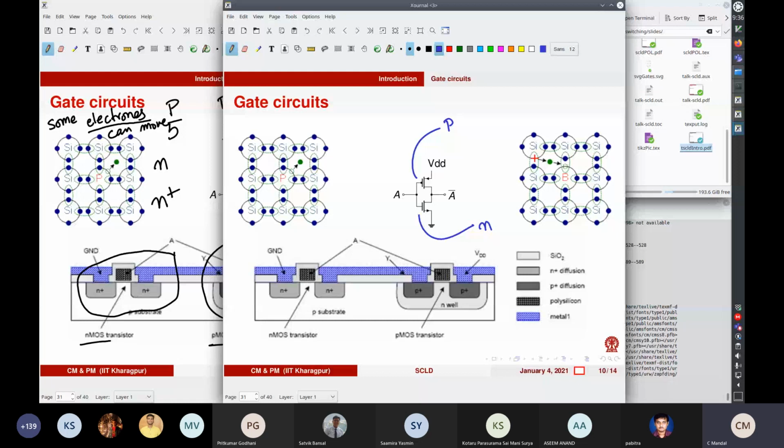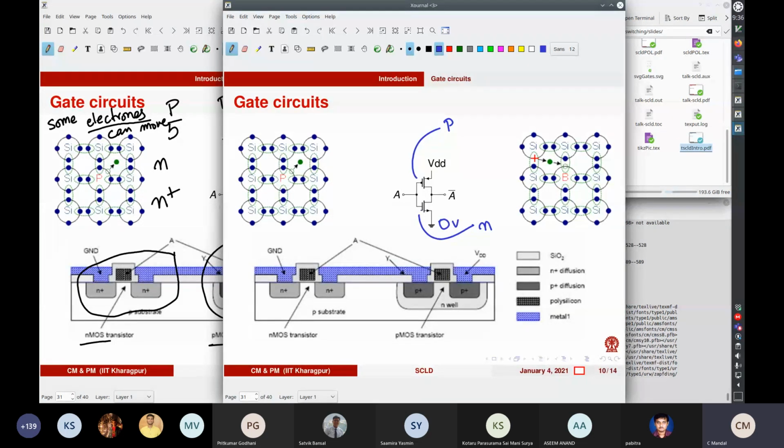When A is at a high voltage, as you have seen, you're going to have a channel formed between the source and the drain. And this is ground, let us say at 0 volts.